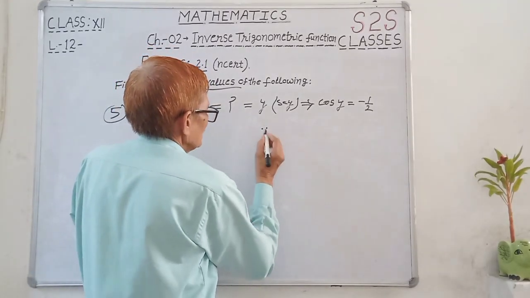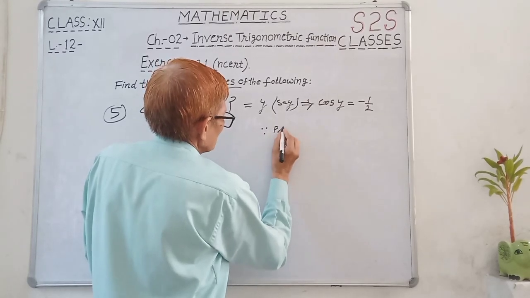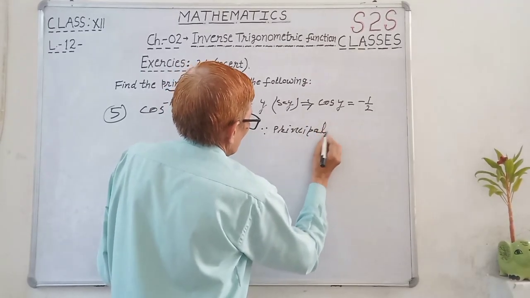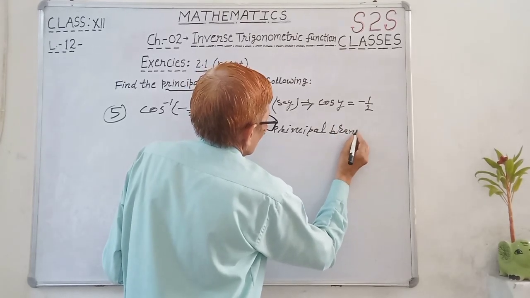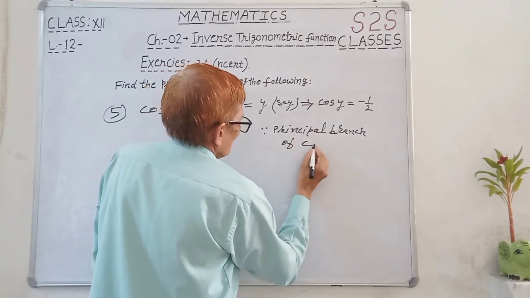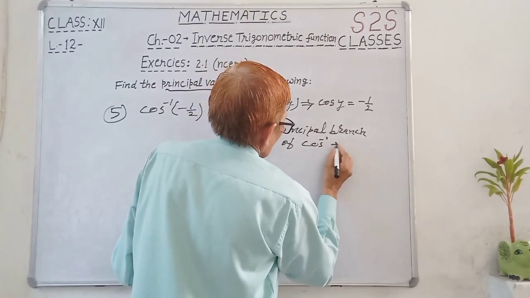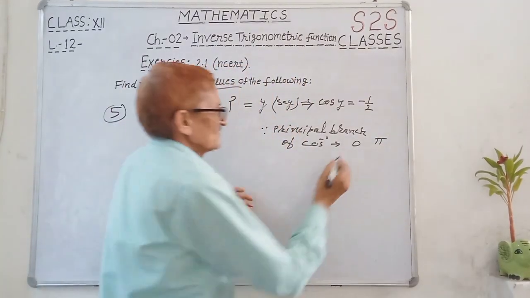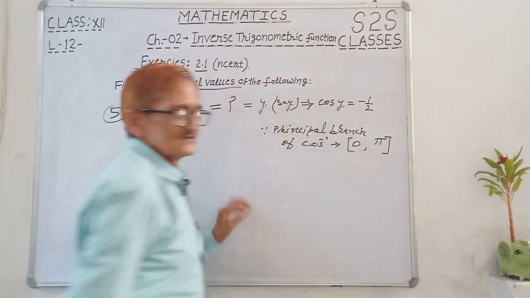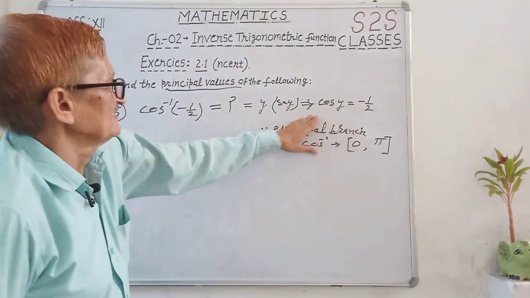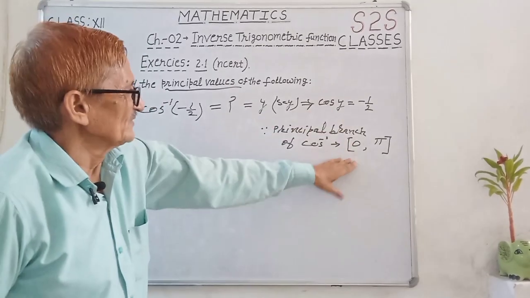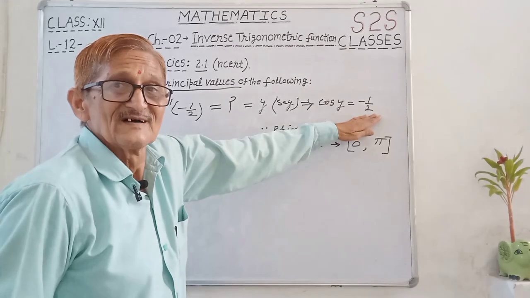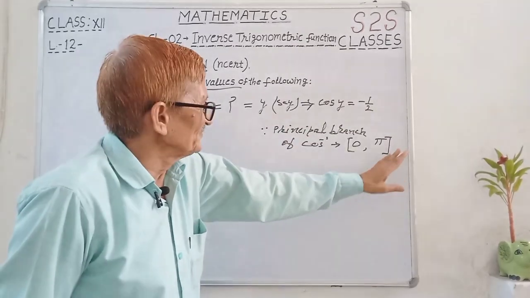So we have to write the principal branch of the cos inverse function. Between which values is it? 0 to pi, the closed interval.